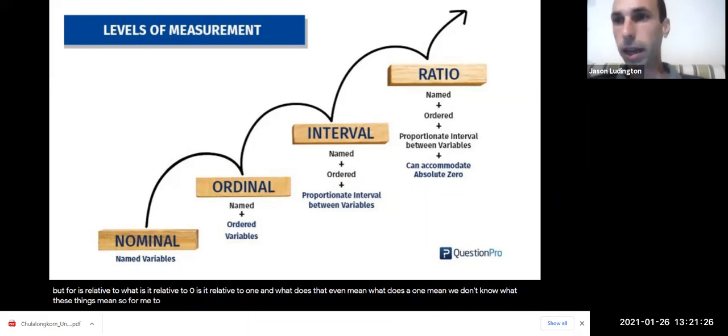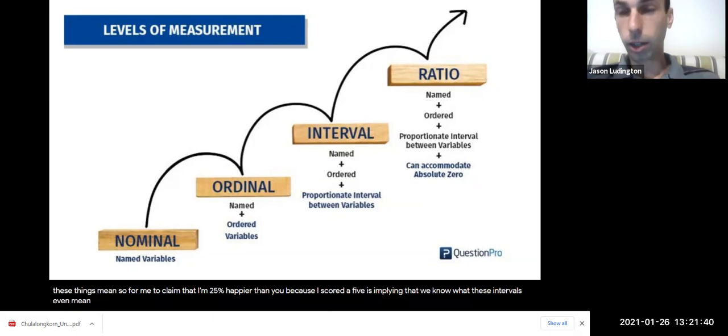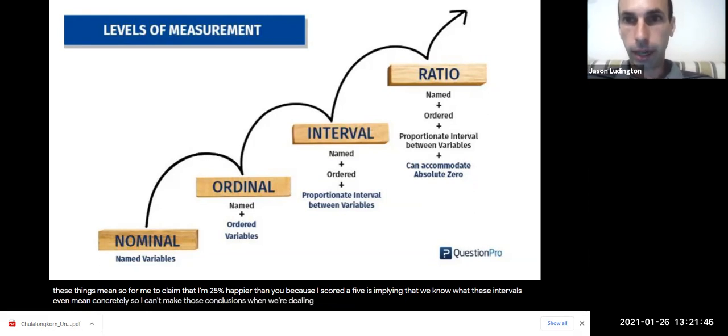So for me to claim that I'm 25% happier than you because I scored a 5 is implying that we know what these intervals even mean concretely. So I can't make those conclusions when we're dealing with an interval scale, but on a ratio scale, we can.